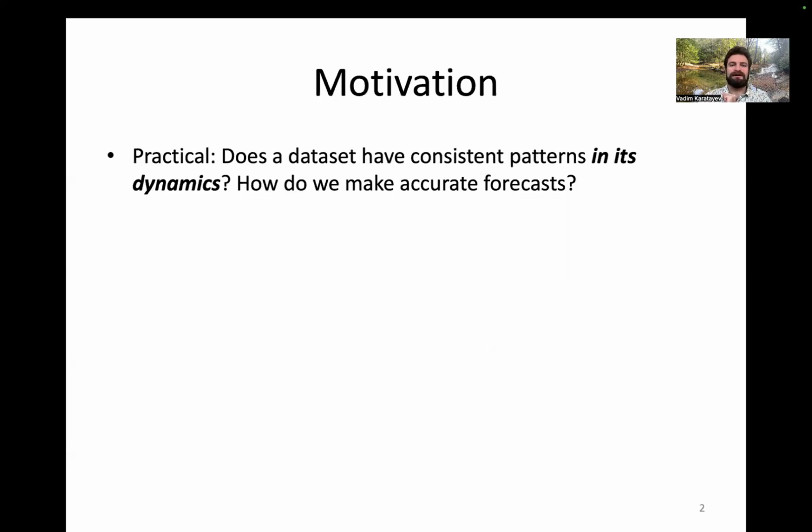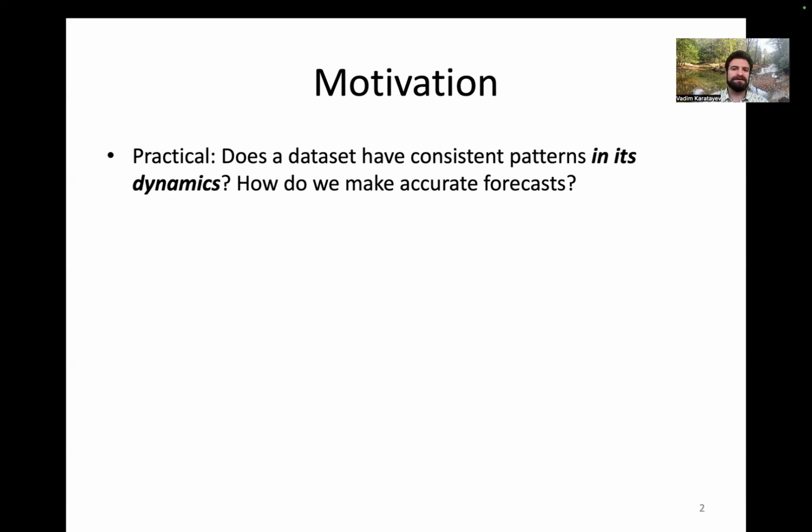Okay, so a little bit of motivation for this on the practical side. What I think is really exciting is that recently we've had a tremendous number of tools that allow us to find patterns in data very easily. This is splines as well as things like machine learning, which is localized linear models, things like that.